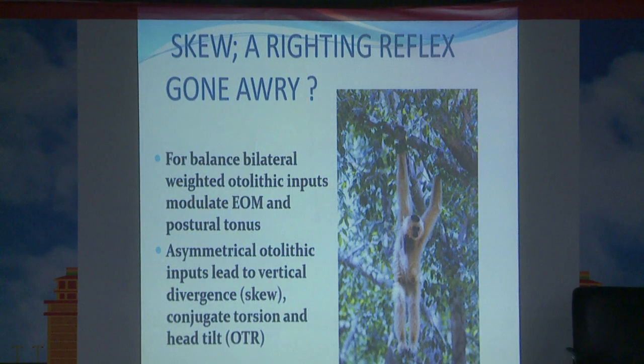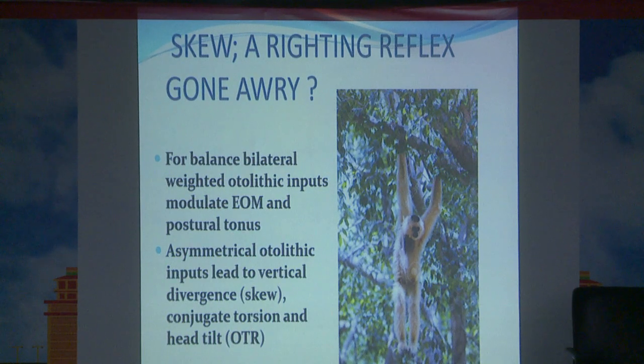Now why a skew? Basically the otolithic pathways are a righting reflex. So if there is a problem with the otolithic pathways on one side, this creates a problem, because they are important for balance. Like, you know, monkeys, and we can all climb trees with a lot of finesse. If you look at those spider monkeys in South America, they hang with their tail and they do all kinds of things.